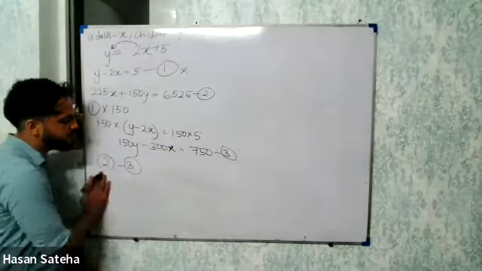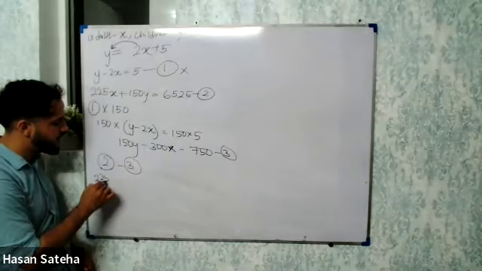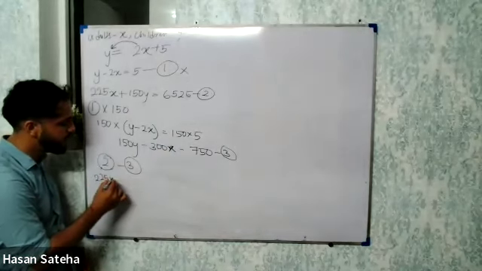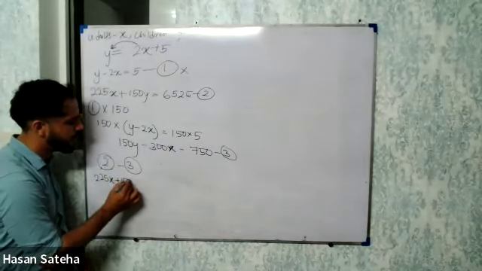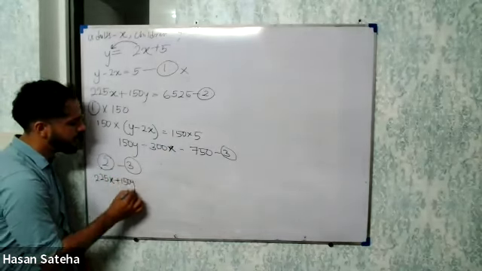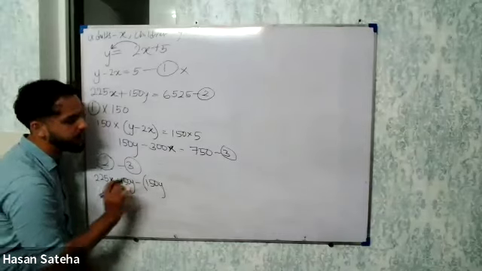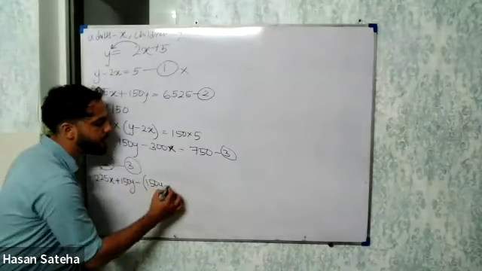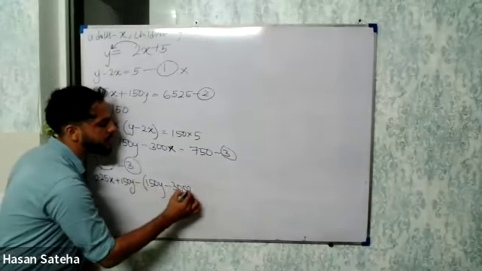So the second equation, what do we have? 225x plus 150y minus, inside the bracket, 150y. Always, when you have a subtraction, follow up with the bracket. Don't forget it. Minus 300x.